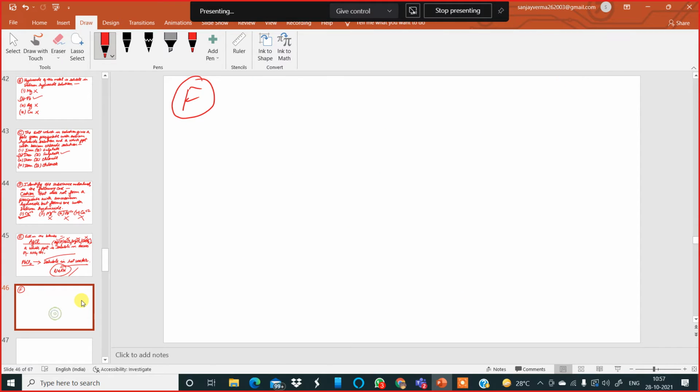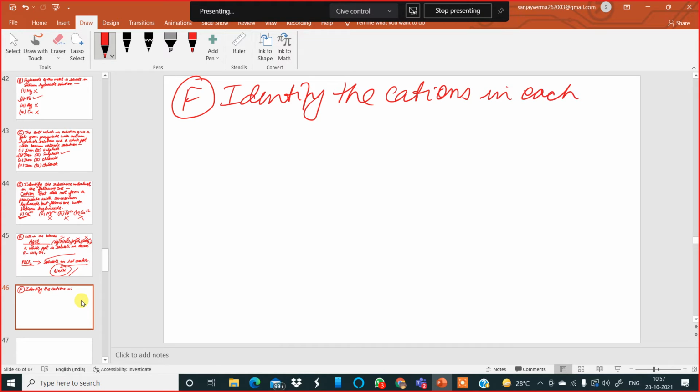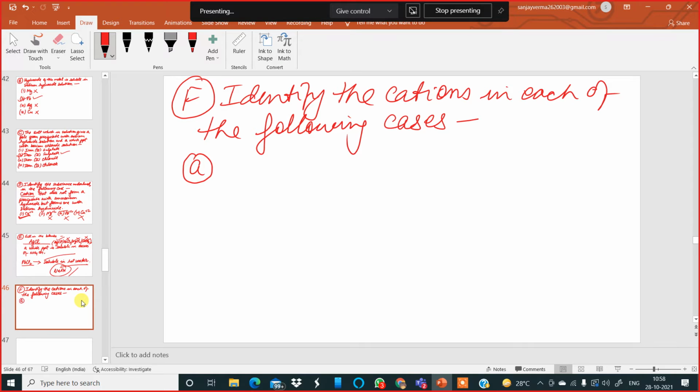Okay, so now we are in F. Identify the cations in each of the following cases. So F subpart A, the first case is like this.